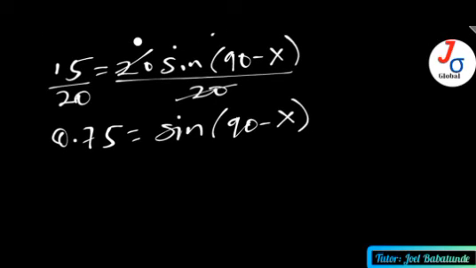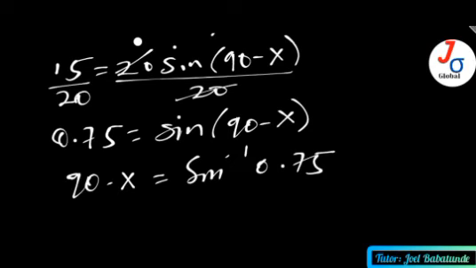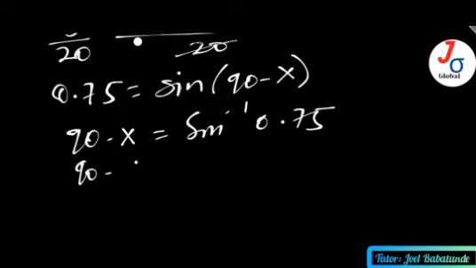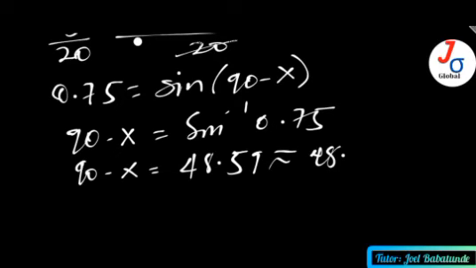I can take the sine inverse: 90 minus x equals sine inverse of 0.75, which is 48.59, approximately 48.6 degrees.